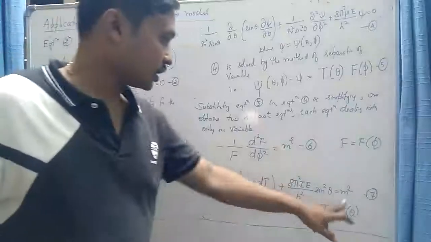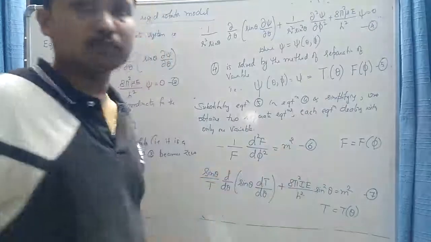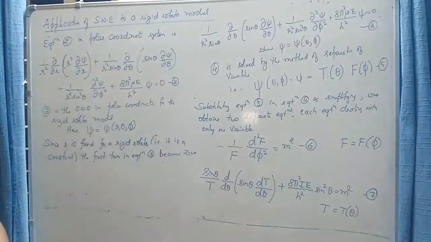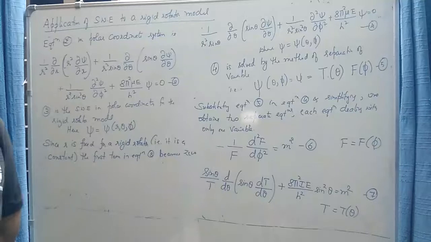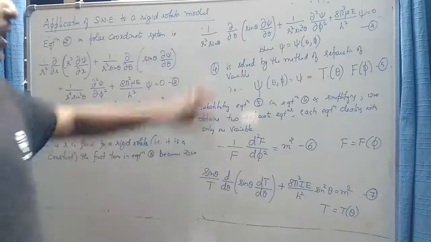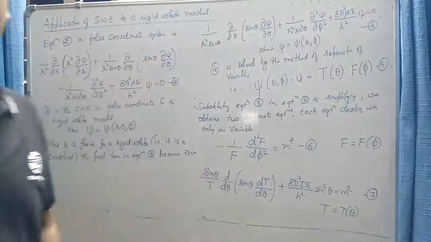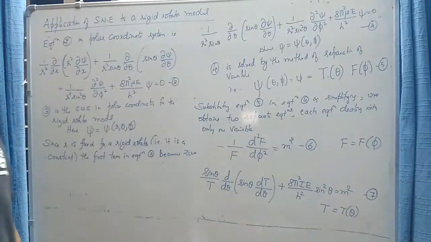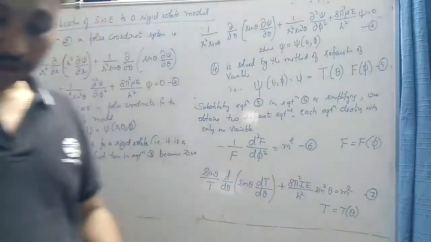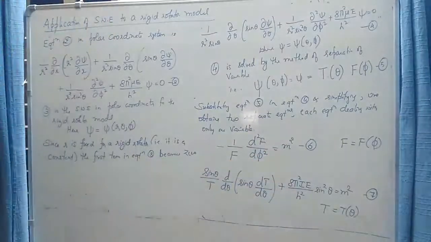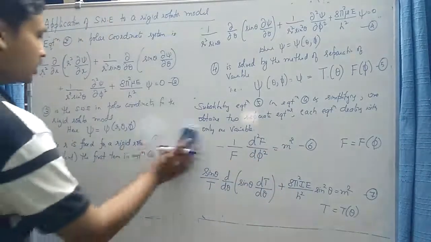So here we come across a new term called m square. This m square is nothing but a separation constant. This is a routine constant that we generally obtain when we apply the method of separation of variables. It is a mathematical result that whenever we apply the method of separation of variables and try to separate the variables, we end up with a constant, and that constant is called a separation constant.